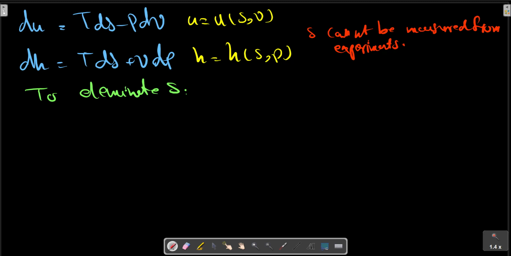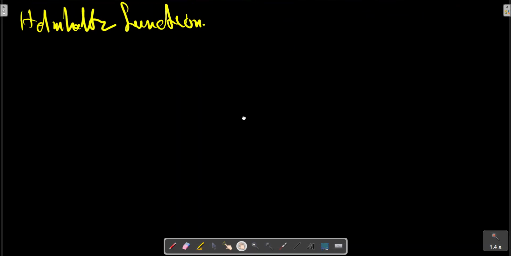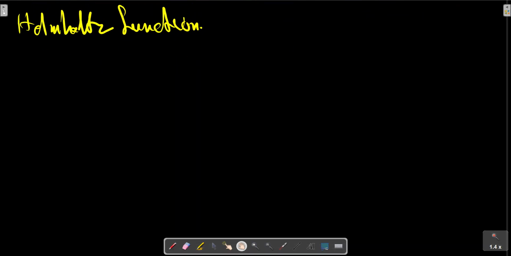we have these relations. We introduce a function, the Helmholtz function, A equals U minus TS.